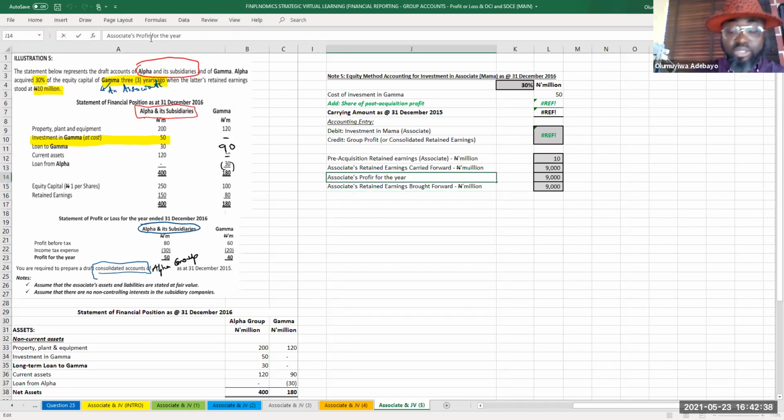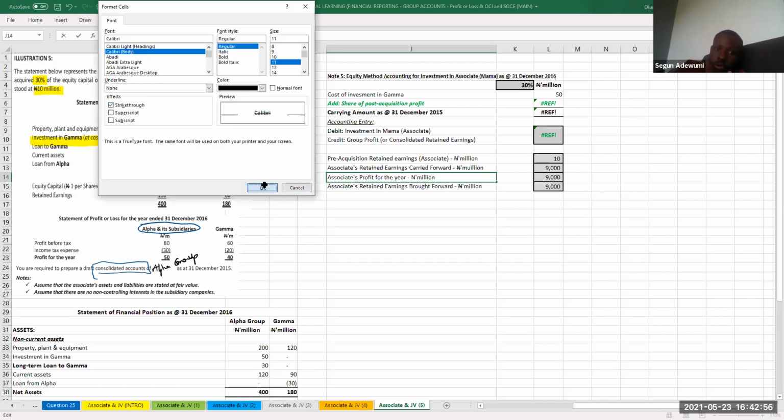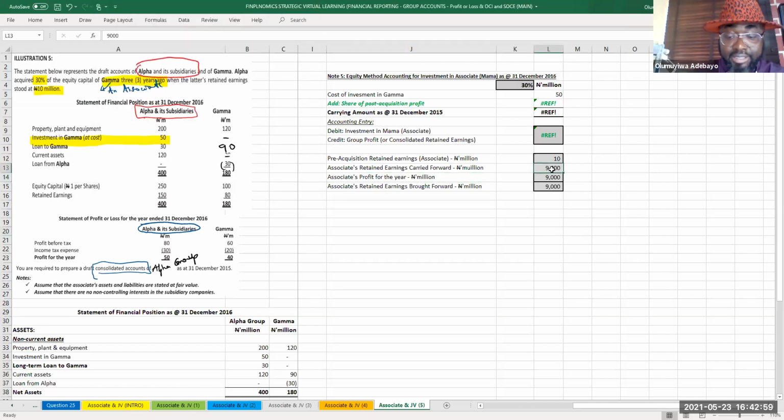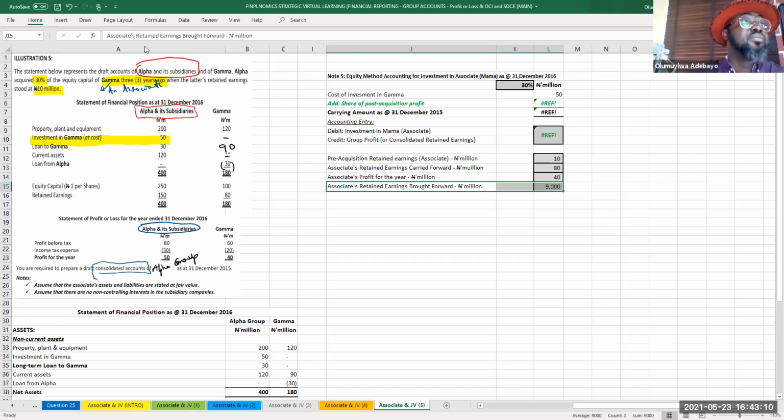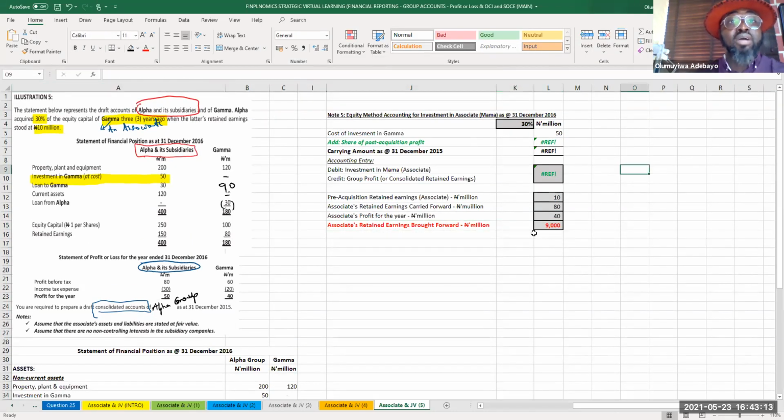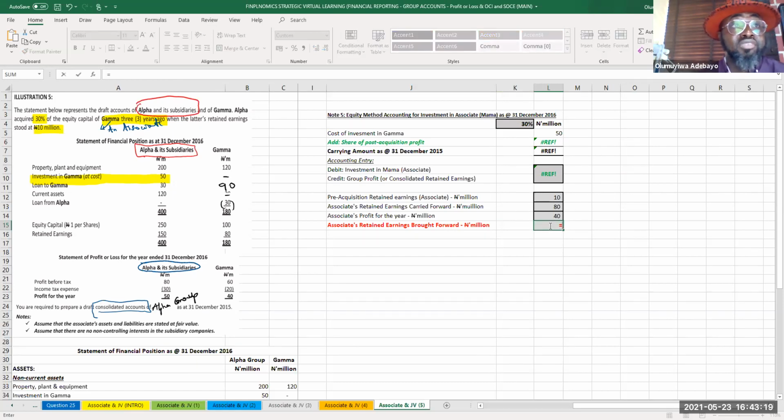Associate profit for the year, also in millions. How much is that? 40 million. 40. Therefore, retained earnings is 80 at the end. Profit for the year is 40 million, which then means that this is what we are now looking for. I'll put it in red because we are not given it. Now, who can tell me what will have been our retained earnings of the associate brought forward?